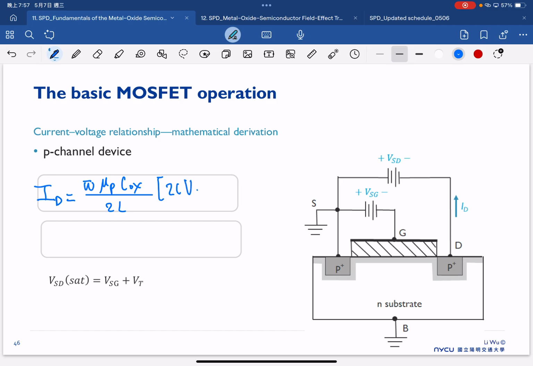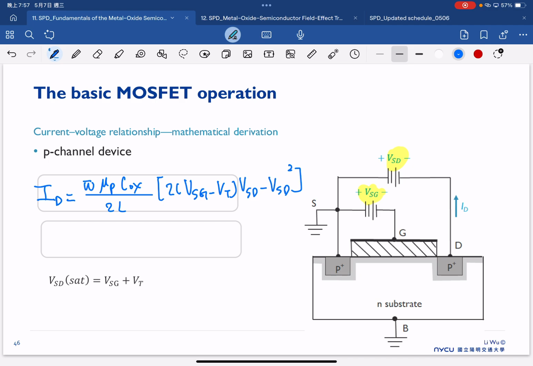But now we have to consider VSG, because now we have VSG here and VSD here. So that would be VSG minus VT times VSD. So that's our current equation for the p-channel.